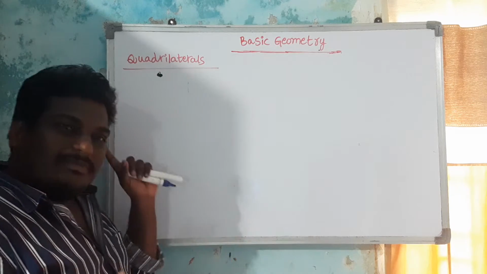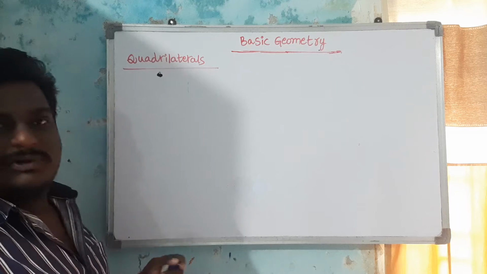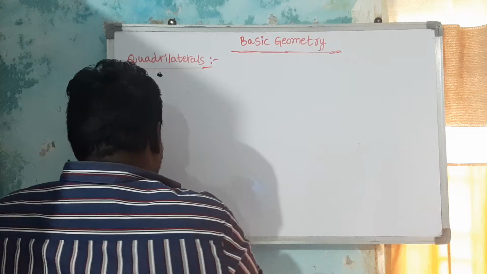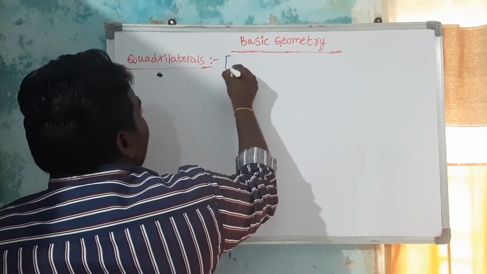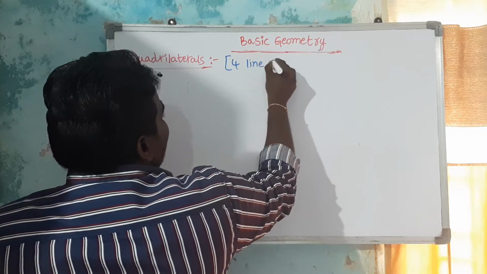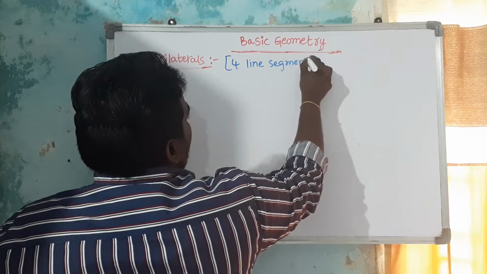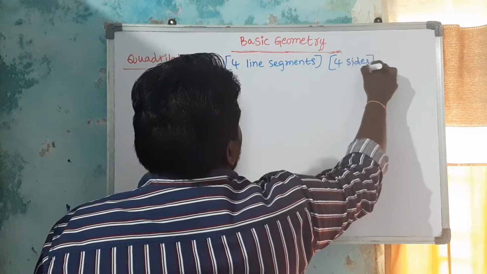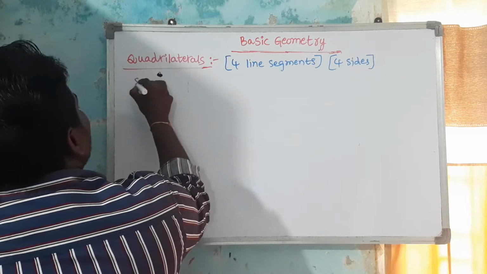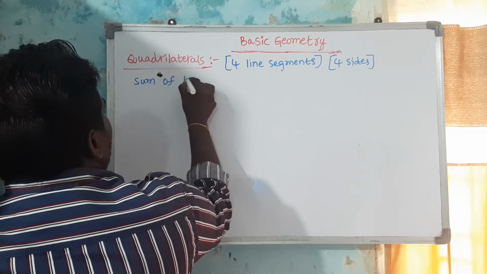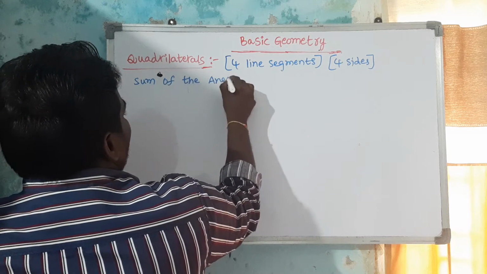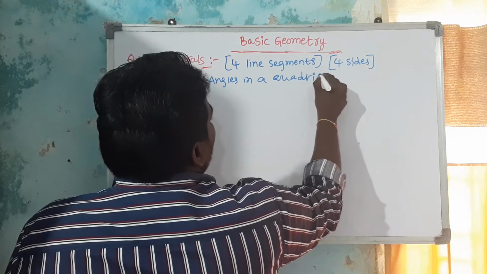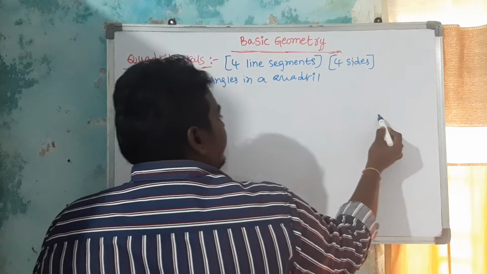Triangles are polygons, and a quadrilateral is also a polygon. A quadrilateral is a closed figure formed by 4 line segments, or which has 4 sides. Basically, a quadrilateral is formed around a point.